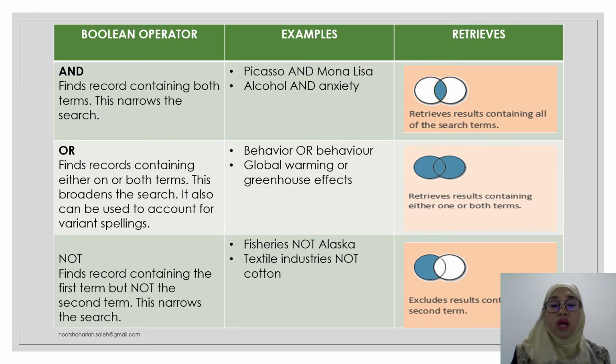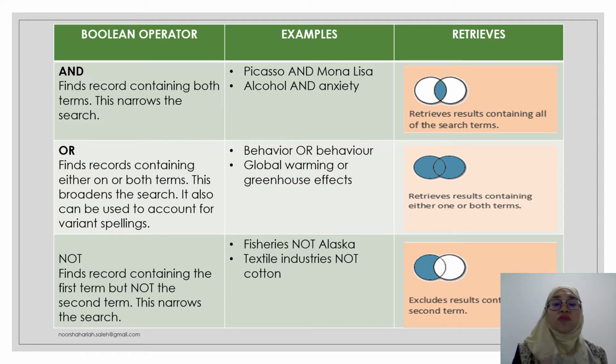So you don't mind having VIOR or VIOUR. So the word or, either of these two words, they still can be shared or can be the results. So global warming and greenhouse effect.